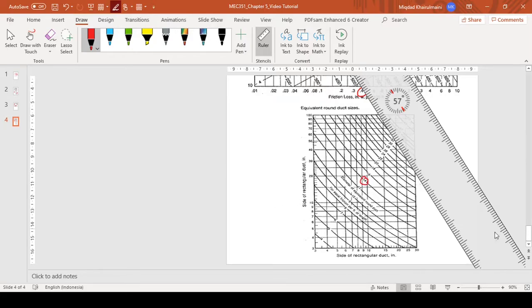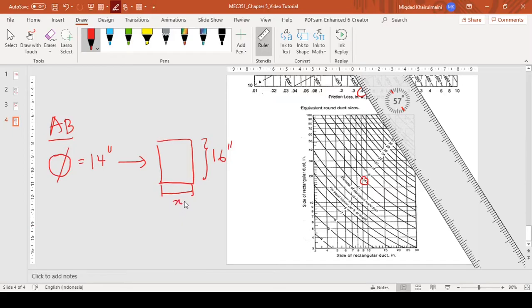From diameter 14 inches, we want to convert it into rectangular. The rectangular maximum height is 16 inches. So what is the width?